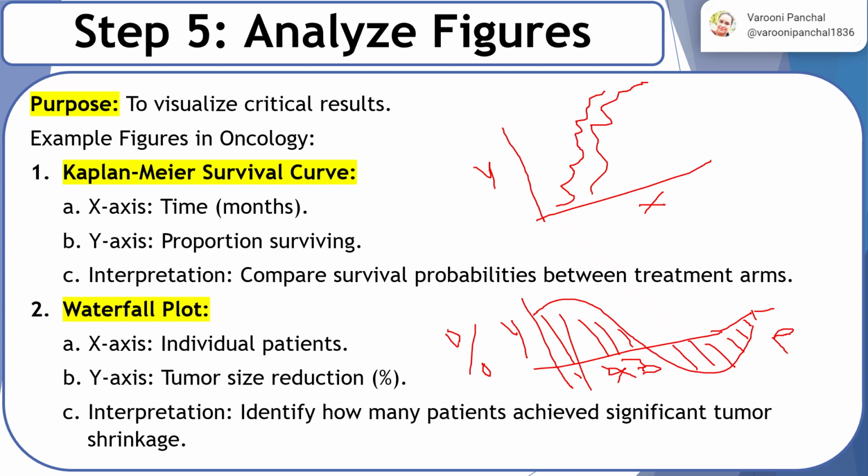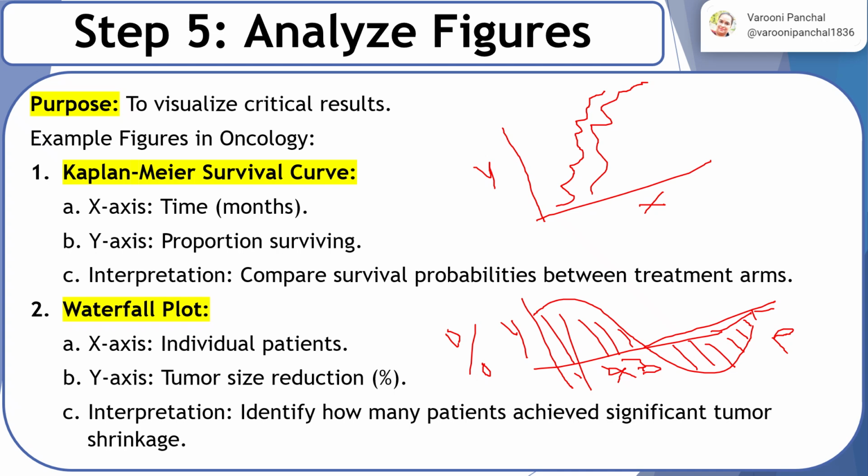So I will have two columns: one is percentage change from baseline, and another is my individual patients. First I will sort the data by percentage change from baseline, and then by subjects. I will see that this particular patient's tumor size has not reduced, whereas there are many patients where the tumor size has reduced. So this is how you can analyze your waterfall plots.